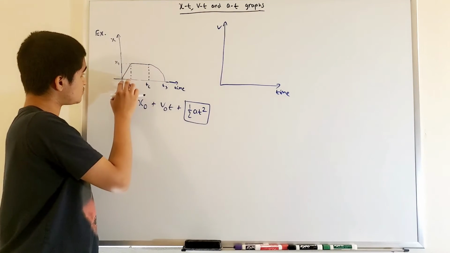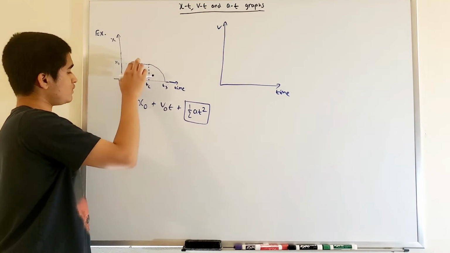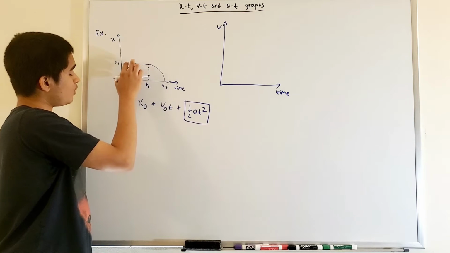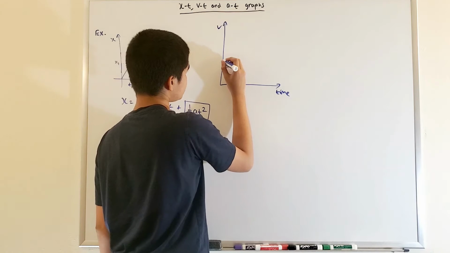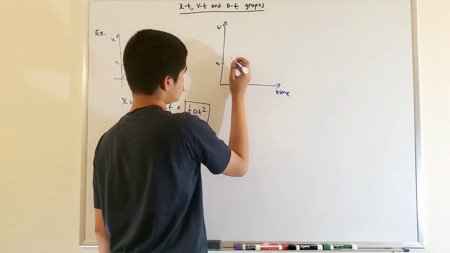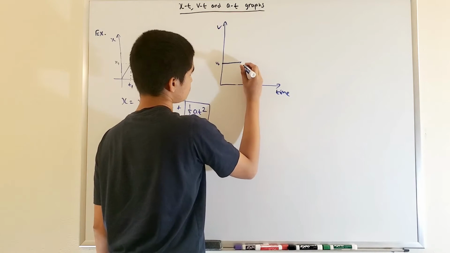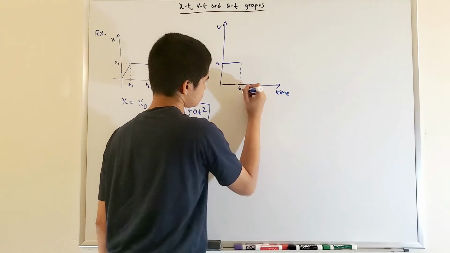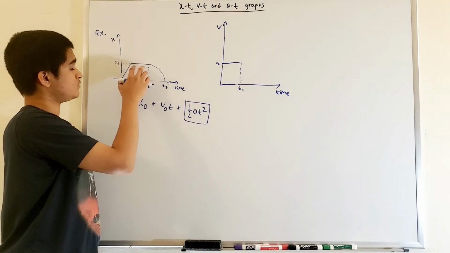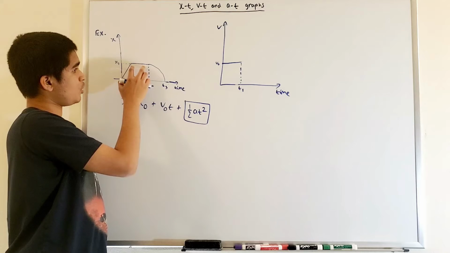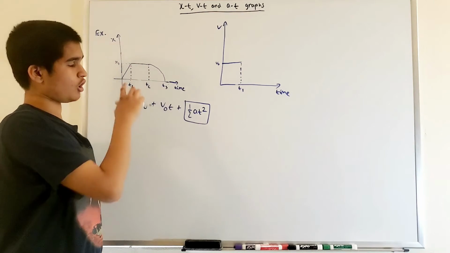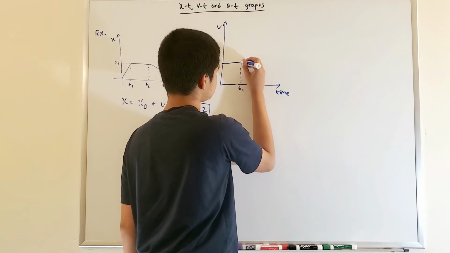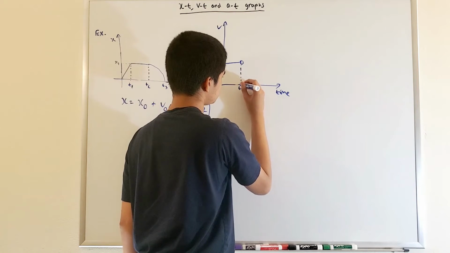So first, for the interval between 0 and t1, we know that the velocity is going to be a constant, and let us just say that it is here at some v0. And after that, the velocity will be 0 between the intervals t1 and t2, since the object is not moving. So that will be signified like that.